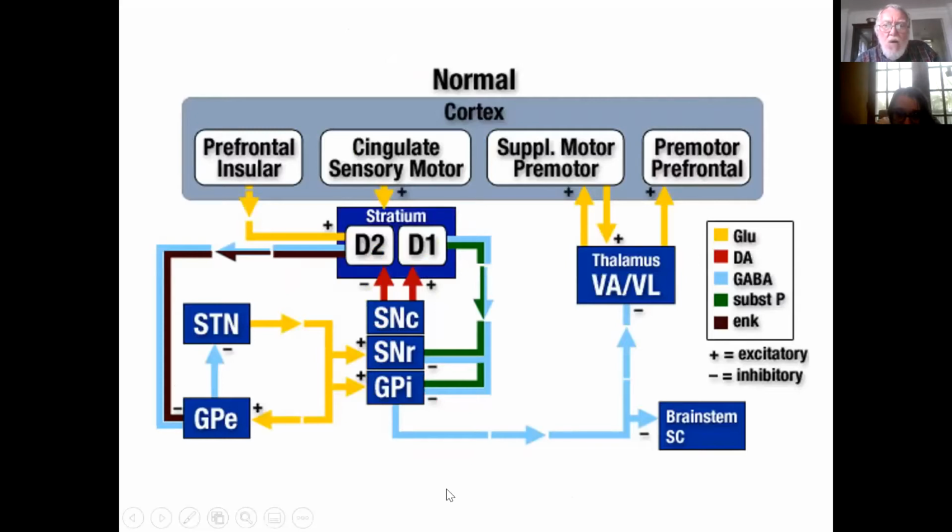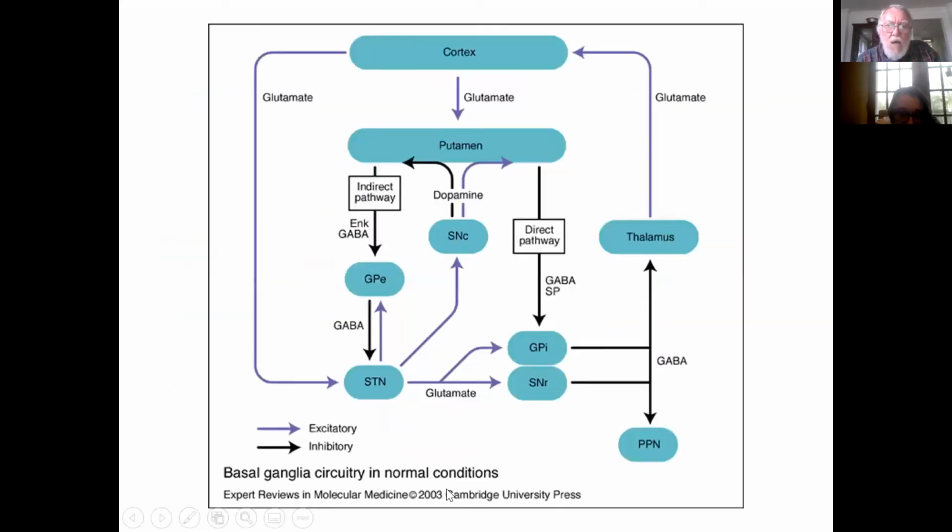So, when we are here, I want to get back one. With the direct pathway, you're exciting something that is going to inhibit the globus pallidus zona interna. So what you're doing here is increasing the inhibition.